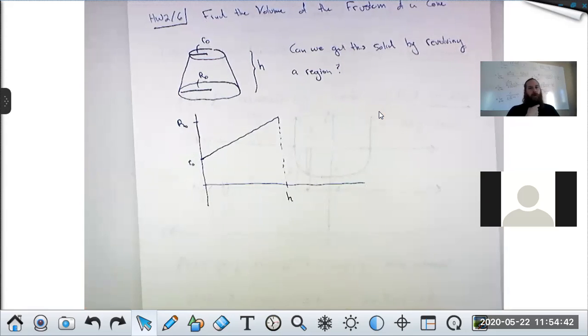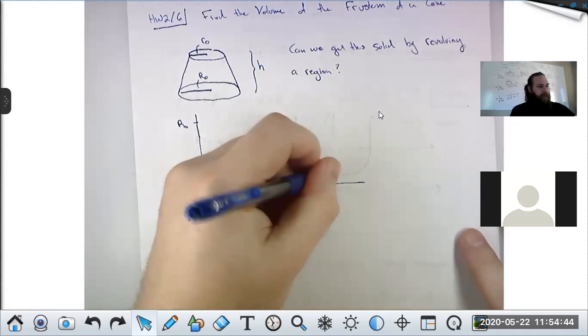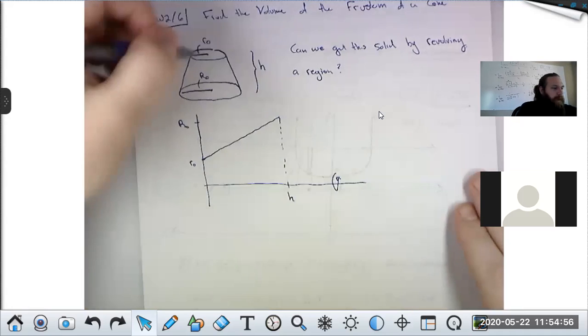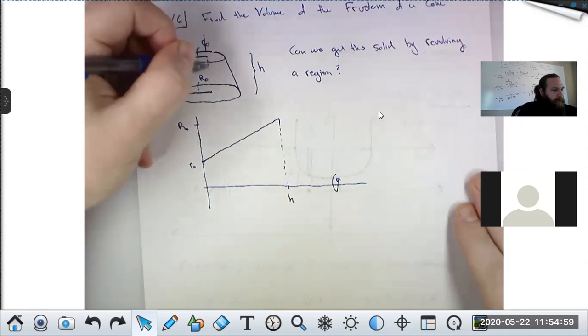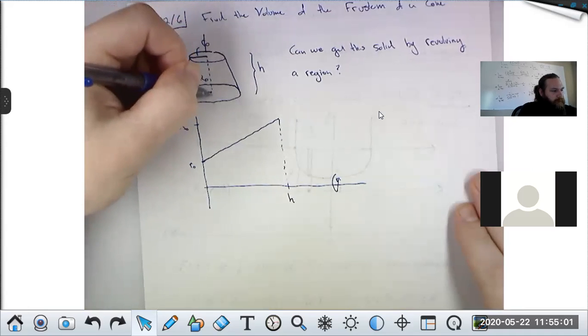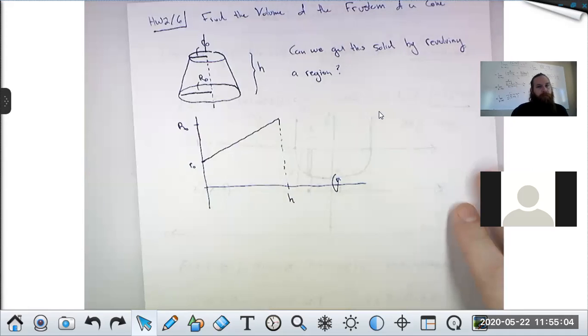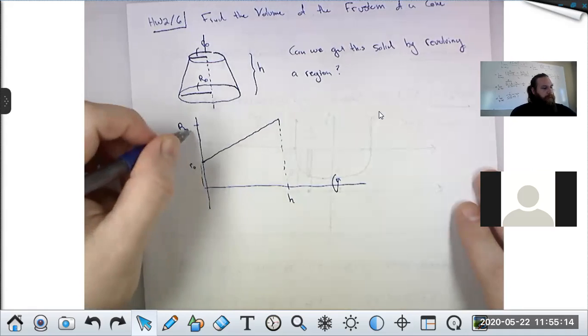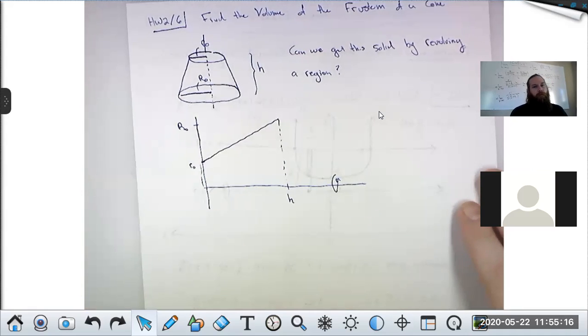Would you agree that if I revolve this region about the x-axis, I will get that frustum just laying on its side? So my axis of revolution would poke right through like this, and that is the x-axis here. My little radius, little r naught, is right here, and my big radius, big R naught, is right here.